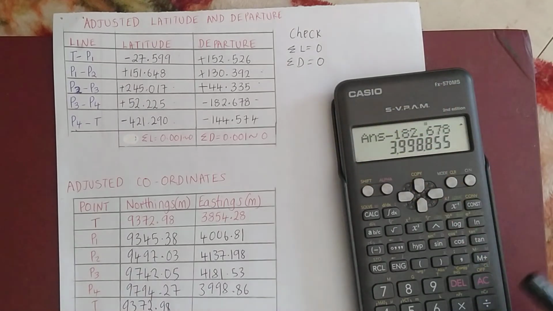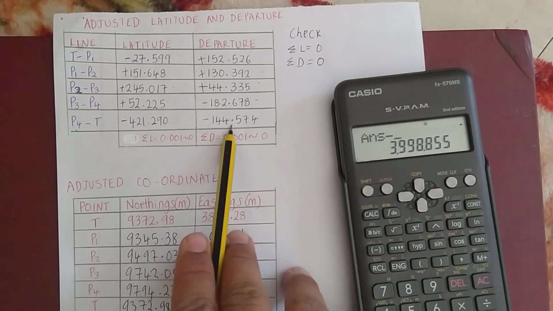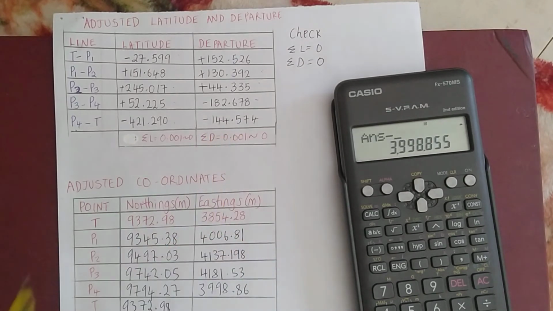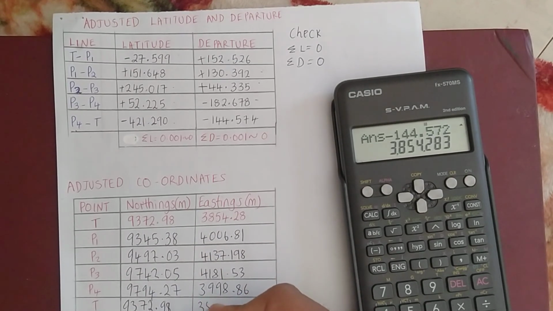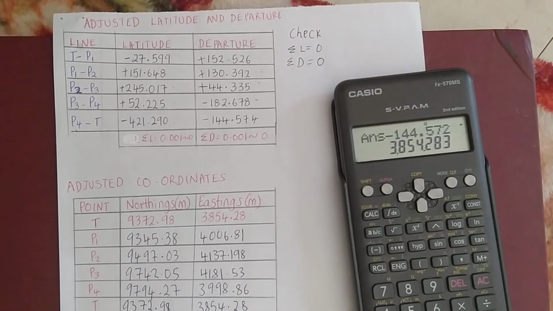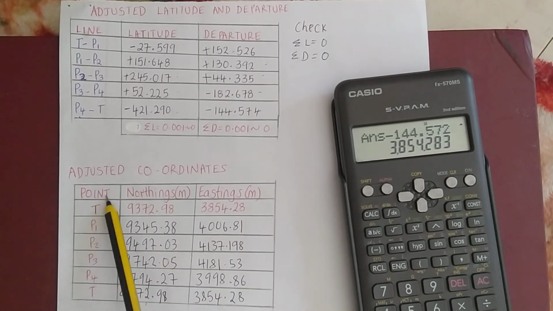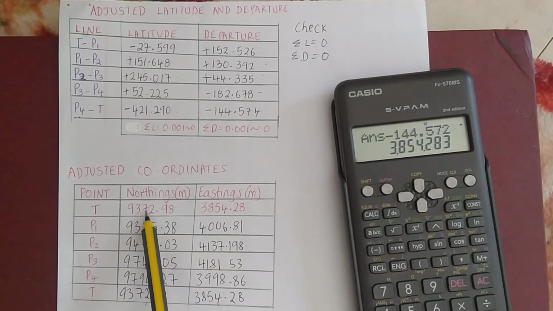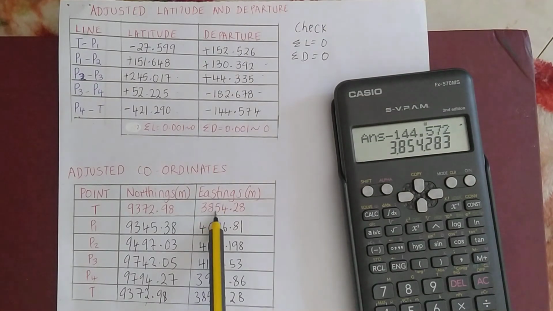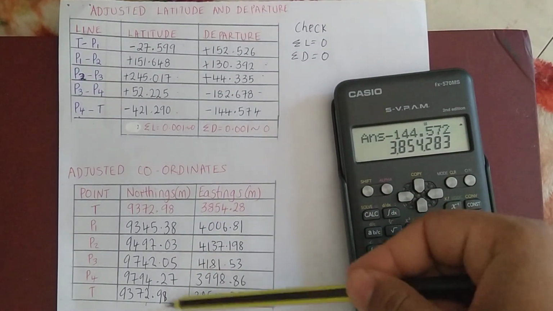So when I want to get my T for these things, I'll minus 144.572. I'm getting it as 3854.28. So we can see that now we have already adjusted our coordinates, and our point, that is T, which had a northing of 9372.98 and an easting of 3854.28, we have it here.